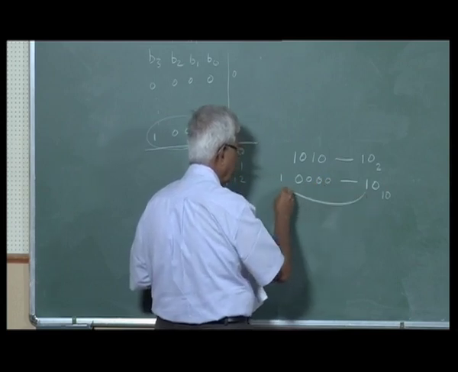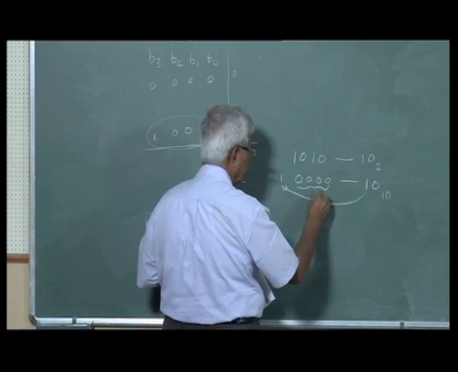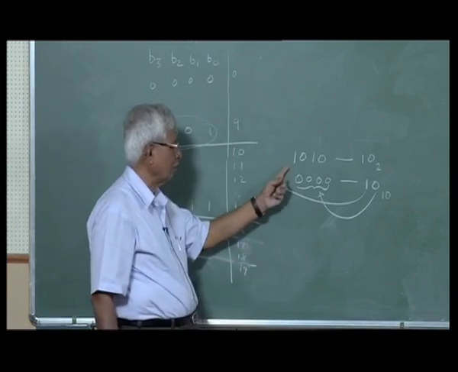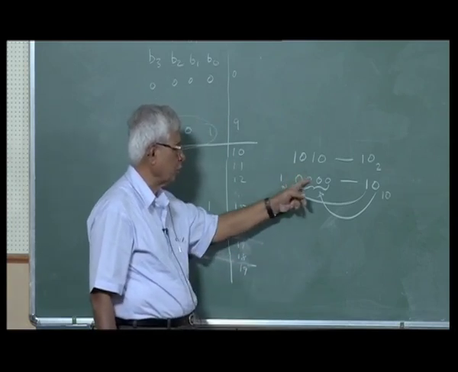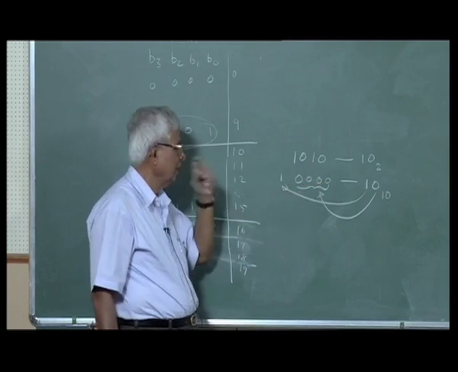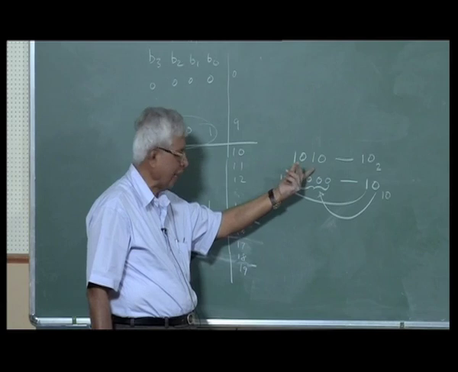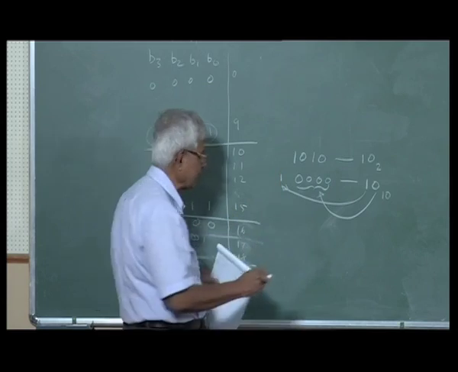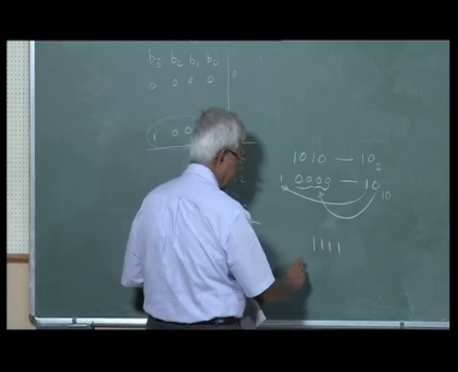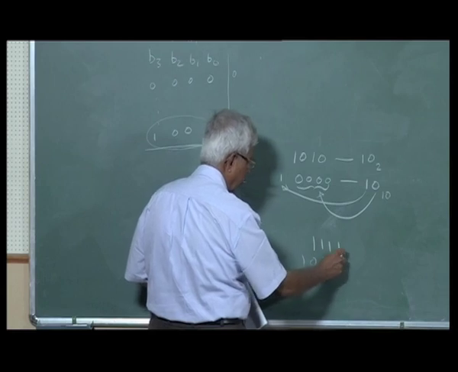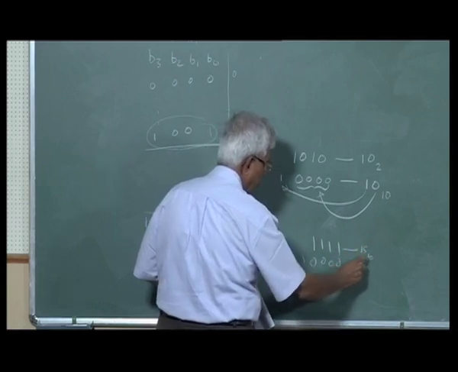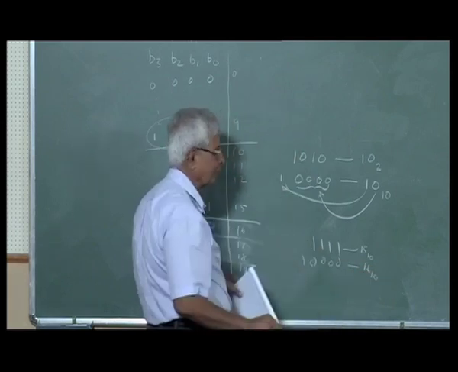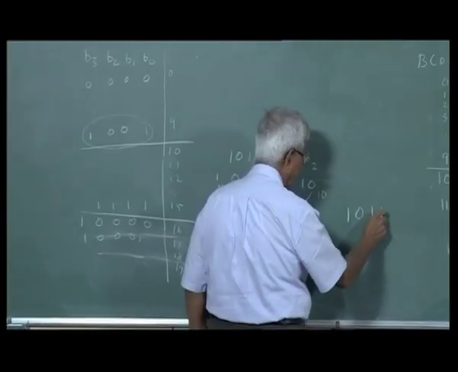This 1 corresponds to this 1, and these 4 bits correspond to 0. Look at this number carefully: 1 0 1 0 becomes 0 0 0 0 with a 1. In other words, binary 10 has become binary 16. 1 0 0 0 0 is binary 16. 15 is 1 1 1 1, 16 is 1 0 0 0 0. So if I add 6 to this, what happens?